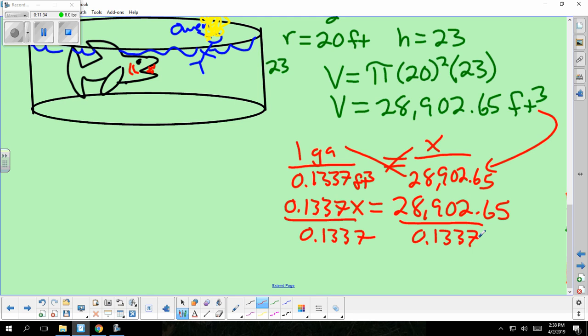And I get the water is 216,175.41 gallons of water for Owen and the friendly shark. We'll call him Hal to swim around in.